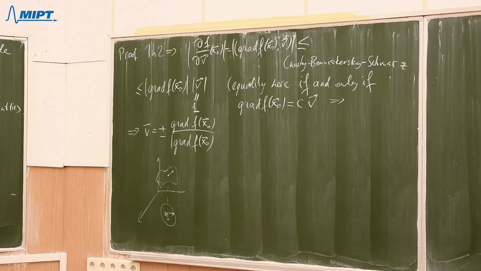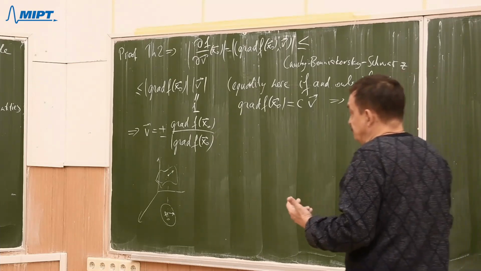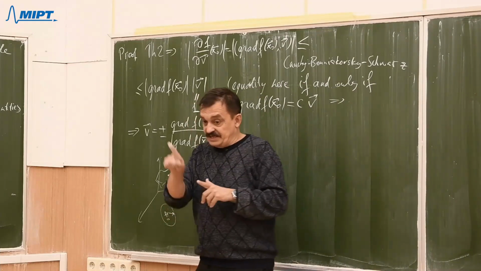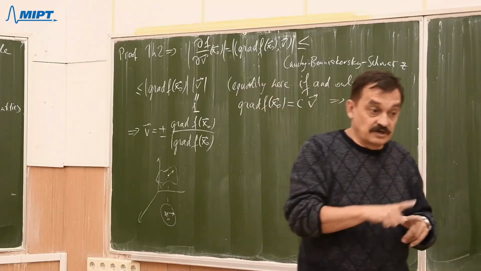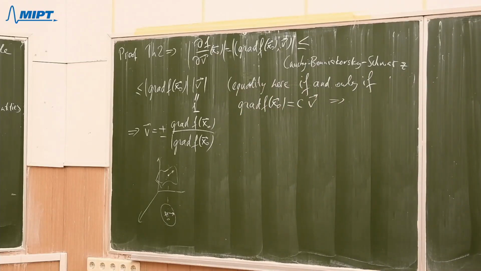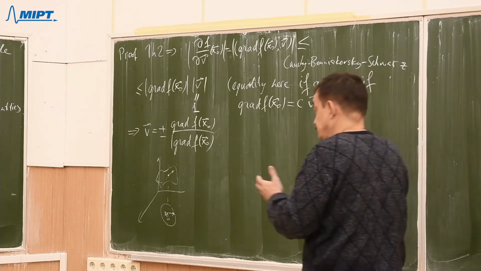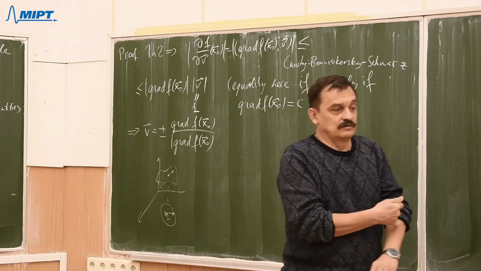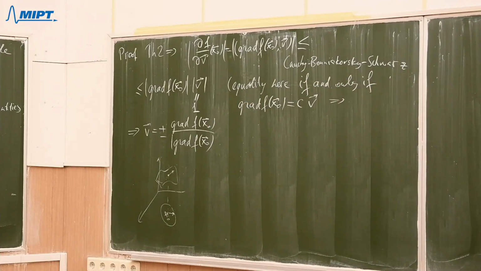So it's natural to expect when you move in the direction of the maximal rate of change, then you approach the maximum. Of course, in general, that is not true, but it works quite often for rather simple cases.